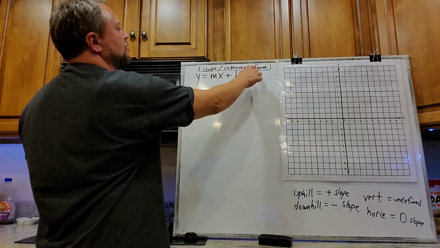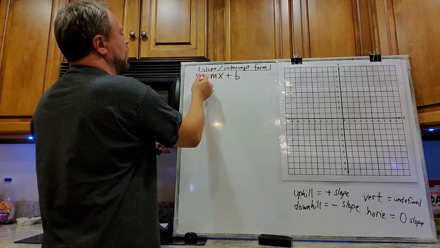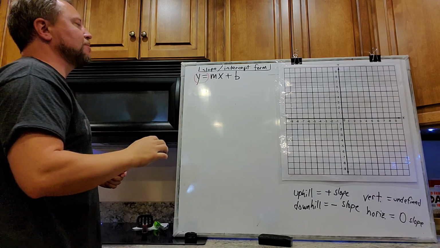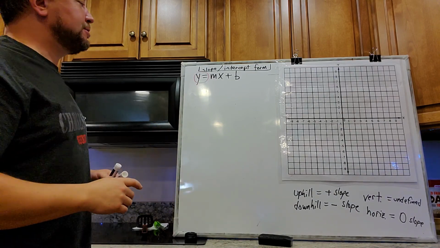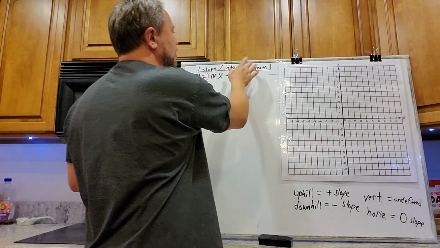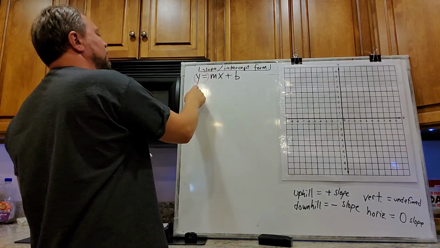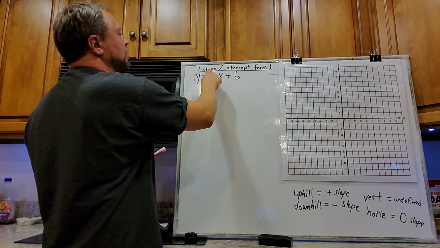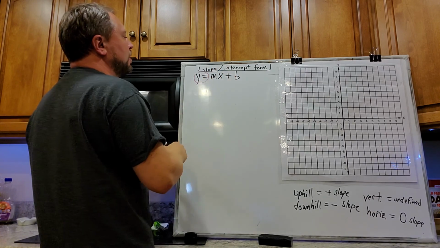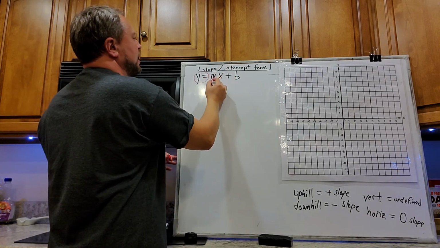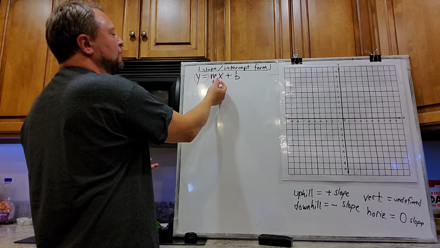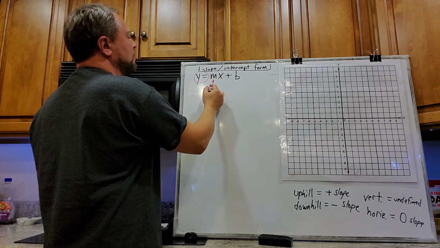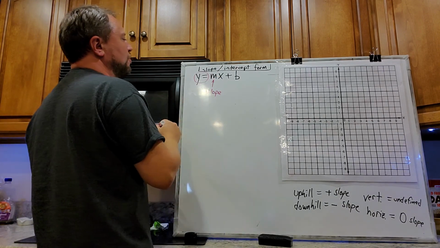First of all, to be in slope-intercept form, you have to have the y by itself on the one side. See how it starts out with y equals. So that y has to be by itself on the one side in order to be in slope-intercept form. When you do have the y by itself, then on this side of the equation, it points out two things, thus the name slope-intercept. It points out that this m will actually be replaced with an actual number, though. But this m that's in front of the x, since it's the letter m, is representing our slope.